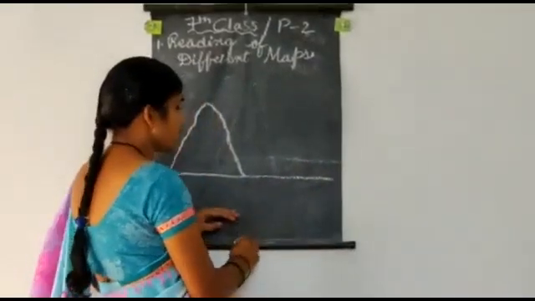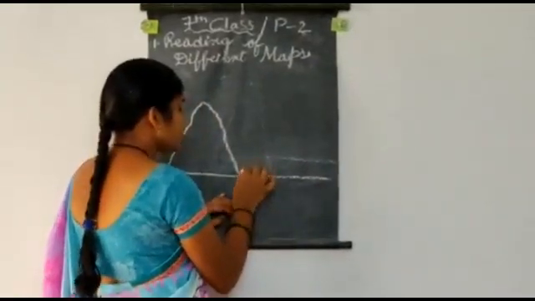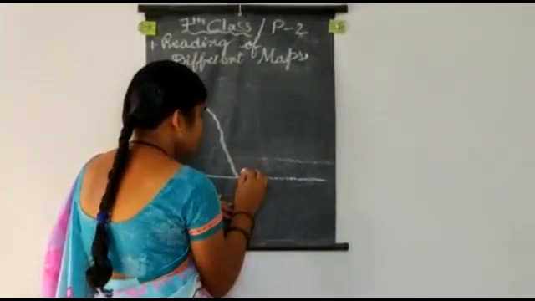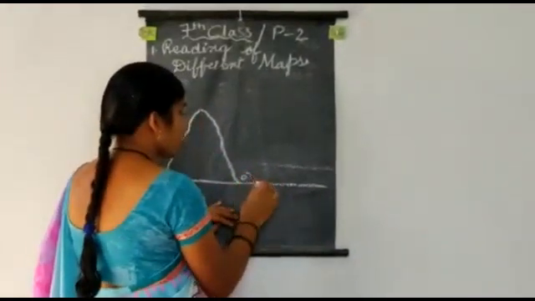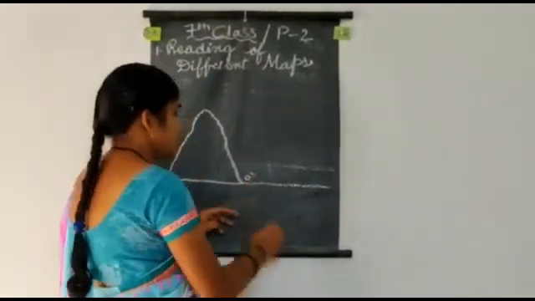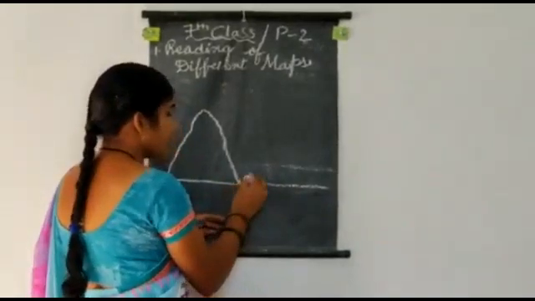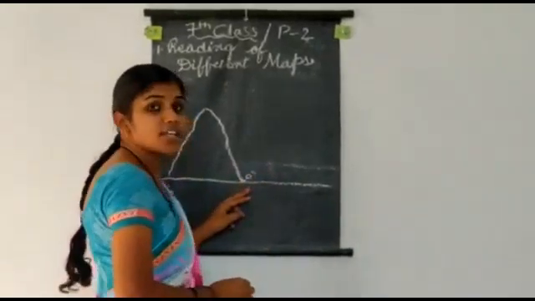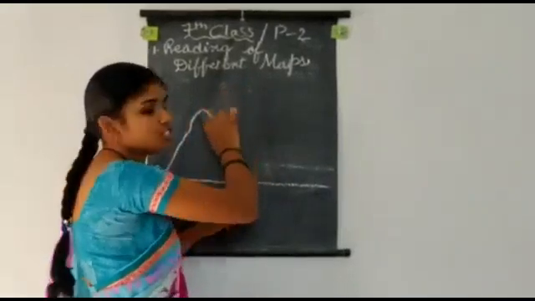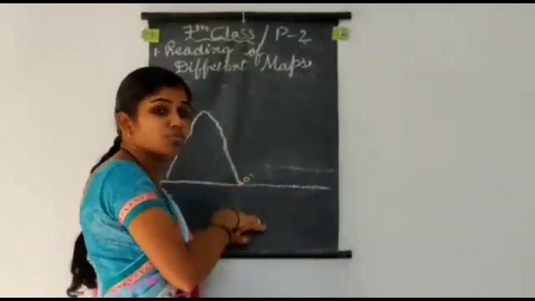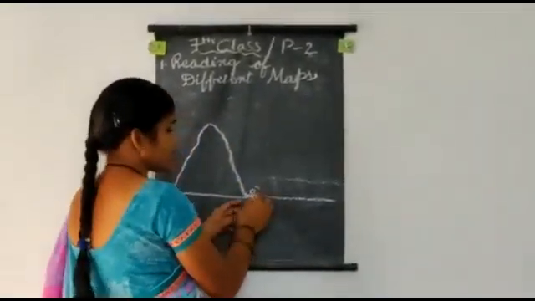If we measure, the land place is called 0 meters. If we start measuring the hill which is on the land, the bottom of the hill is called 0.